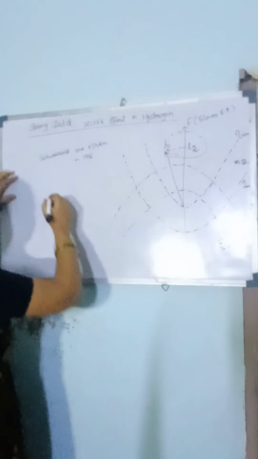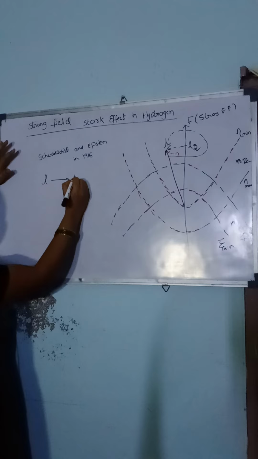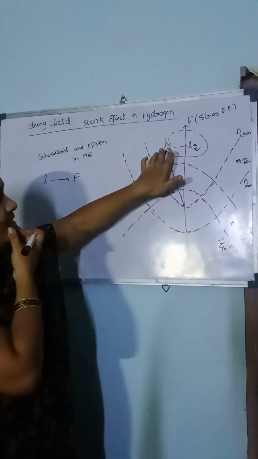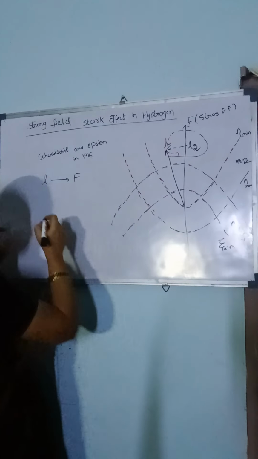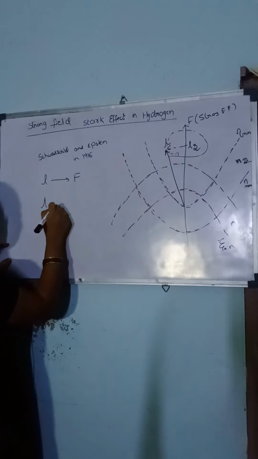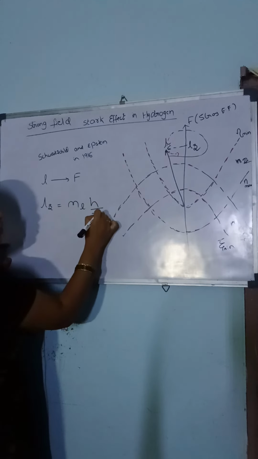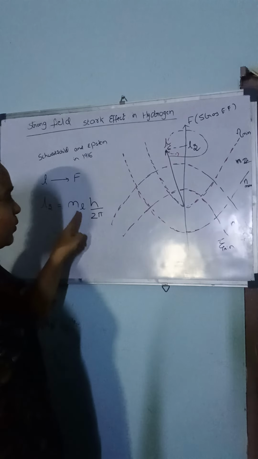So here this L vector will precess around the external field. The projection of the L vector along the external field is Lz. We generally write this Lz component as ml into h by 2 pi, where ml is the magnetic orbital quantum number.